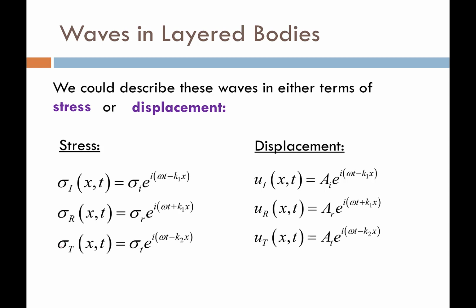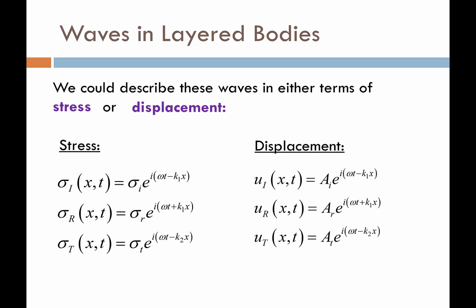So we can describe, using complex notation, the formulation of our incident wave is equal to this. And you'll see, by the way, that it has a little subscript 1 for our wave number, and that means that we're traveling through material number 1 on our rod.